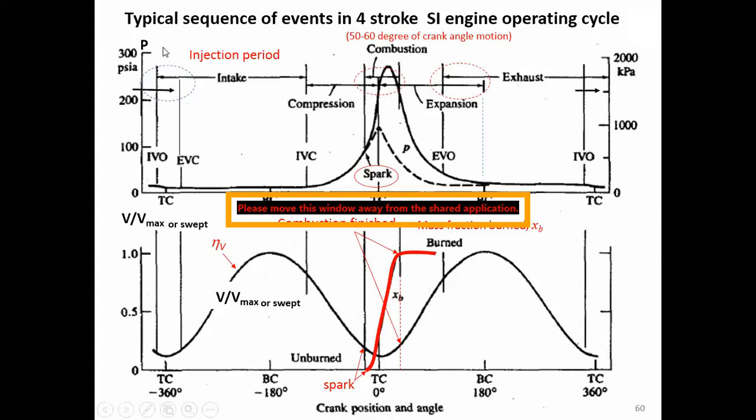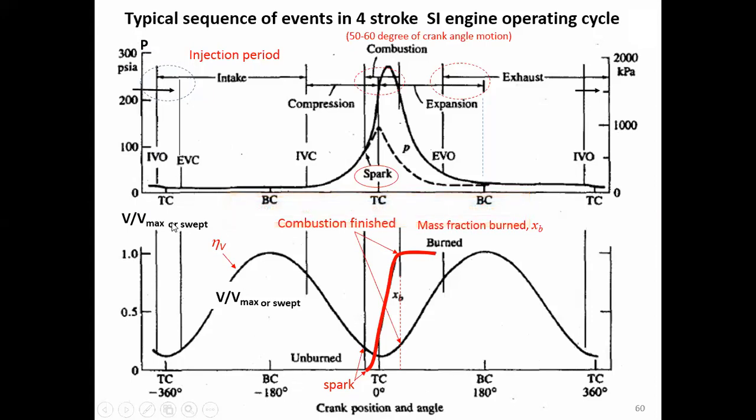The first one is about the pressure that happens in the cylinder, along with the positions of the piston in terms of the crank position and angles. That's why you see TC, which stands for top dead center, and BC, which stands for bottom dead center.